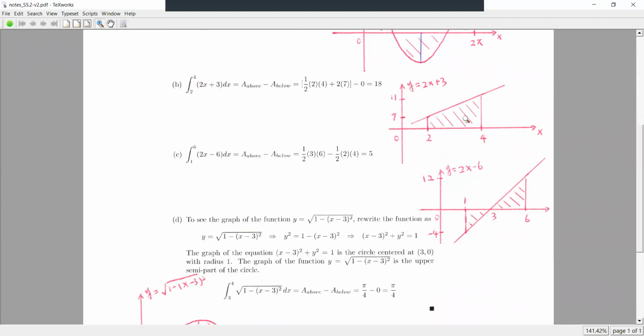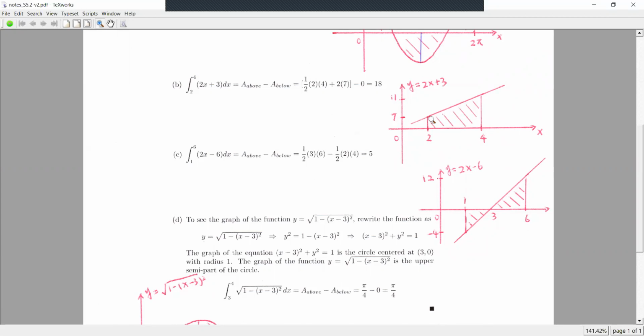The region above the x-axis is a trapezoid. Then how to find the area of a trapezoid? There is a formula for the area of a trapezoid. And if you don't remember the formula, it doesn't matter.